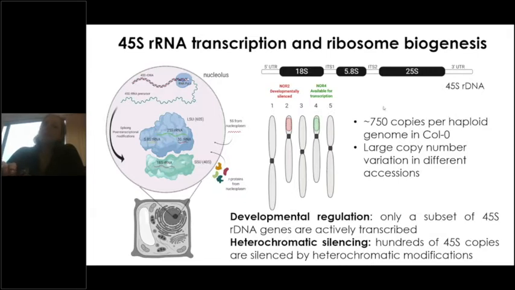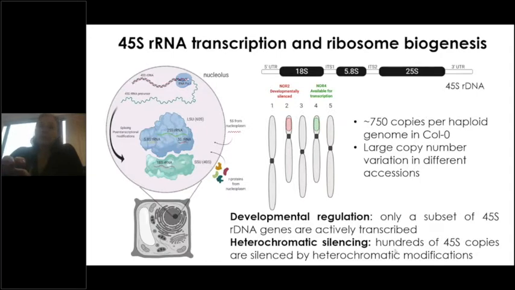Because not all of these genes are required for active transcription, a large number of them become silenced through heterochromatic modifications, especially DNA methylation. In Col-0, this phenomenon occurs about 20 days after germination, and all of the genes on chromosome 2, so-called NOR2, become silenced.